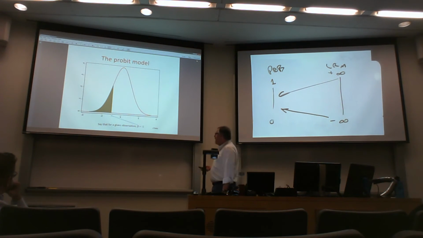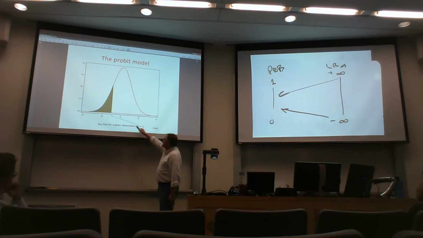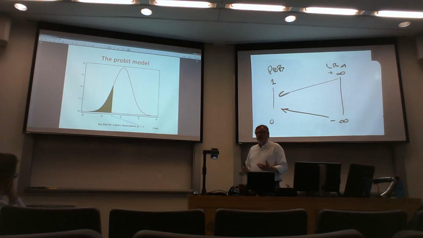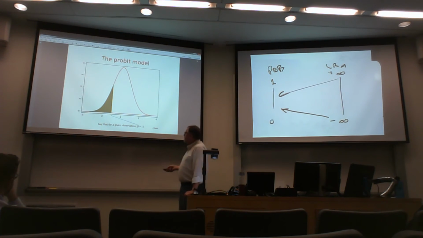Now let's say that you get, actually it should be x times beta, of negative 1. Well, what does that mean? If your y value is negative 1 in a probit regression, well, you can't interpret that as a probability because you can't have a probability of a negative number.